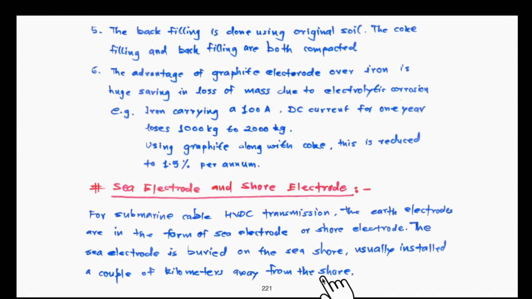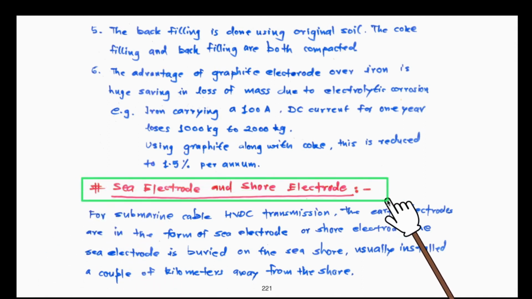Let us continue with our discussion on sea electrode and shore electrode. These type of electrodes are mainly used wherever the DC current is to be carried across two or more places which are separated by sea, isn't it? And we cannot make current to flow through the ground as such. Okay.